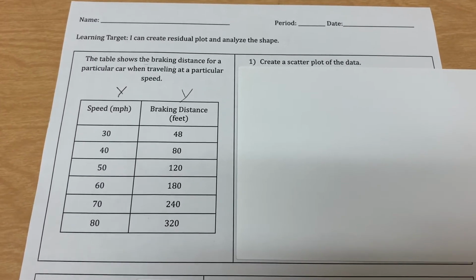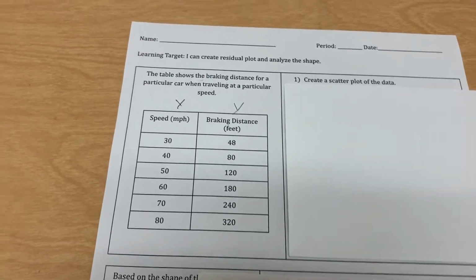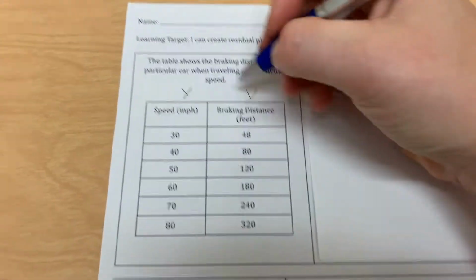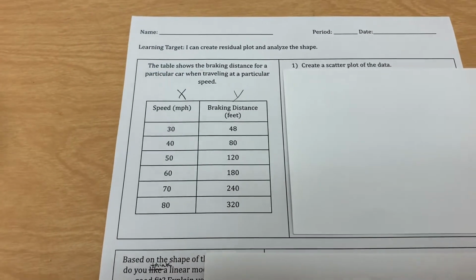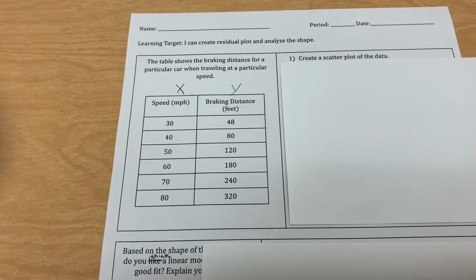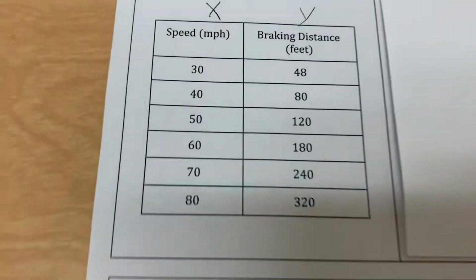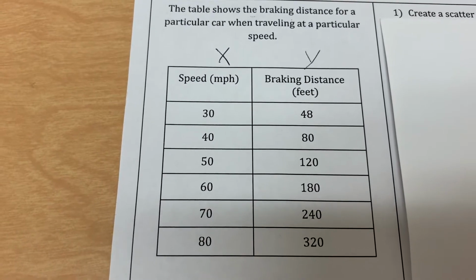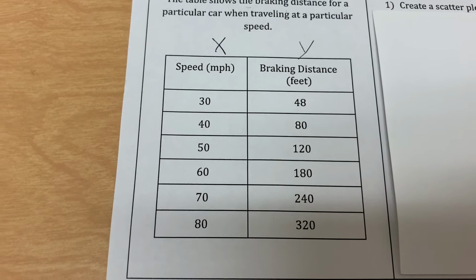First things first, we have this data in a chart. The table shows the braking distance for a particular car when traveling at a particular speed. Our speeds are our independent variables, our x's, because the speeds don't change.